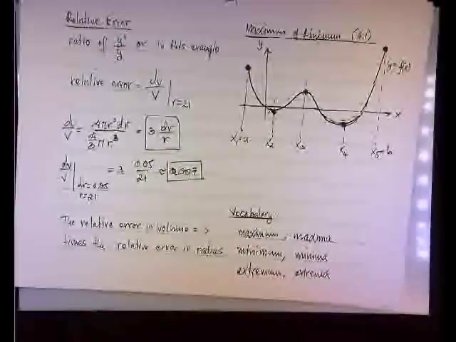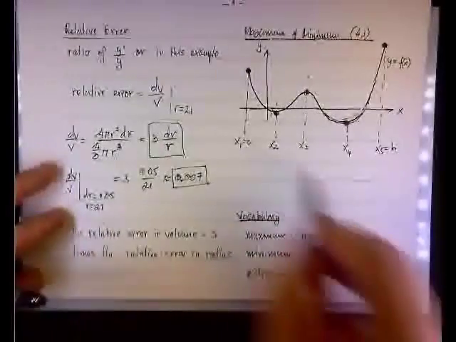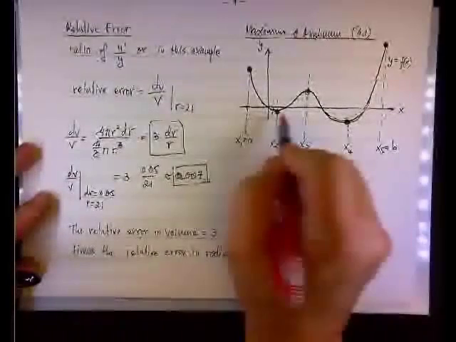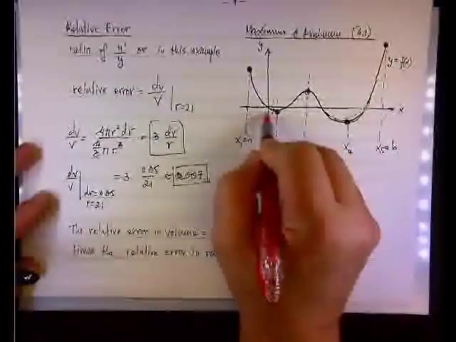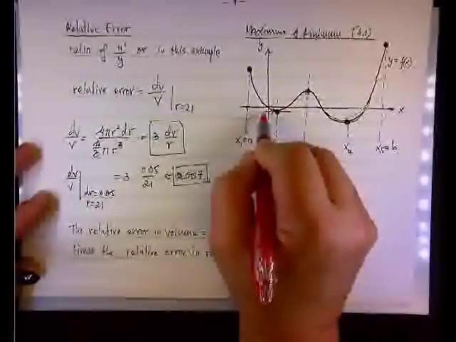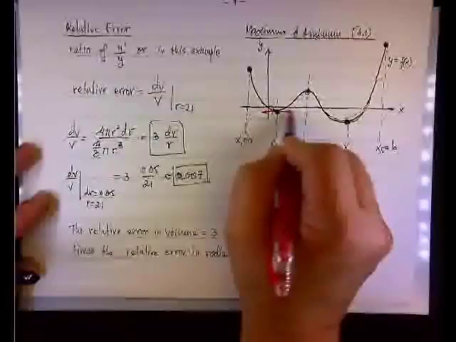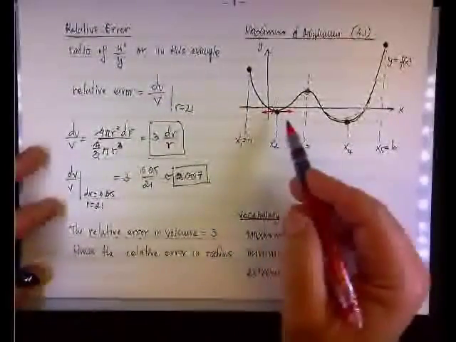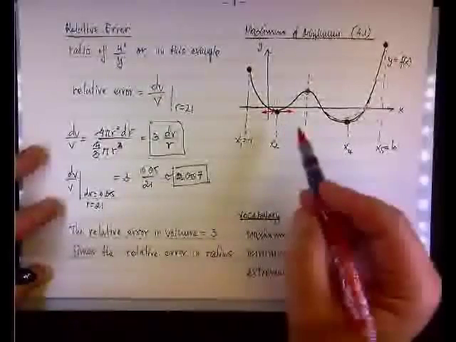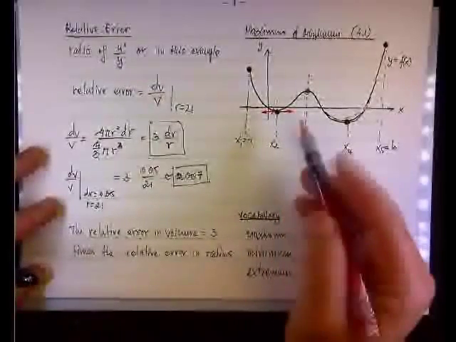We have certain points where, in the vicinity, we have what we call local extrema. For instance, near x2, all the points near x2 are greater than at x2. And what's unique to x2 is that the derivative, or the slope of the tangent, is 0.